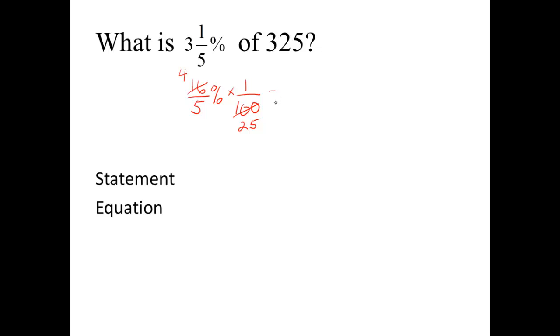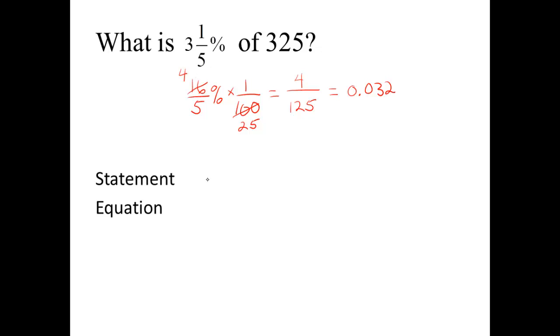Then we will multiply across because there aren't any other factors to divide out. 4 times 1 is 4, and 5 times 25 is 125. Then we'll divide 4 divided by 125 in decimal form, which is equal to 0.032. So this is the decimal form of this percent.